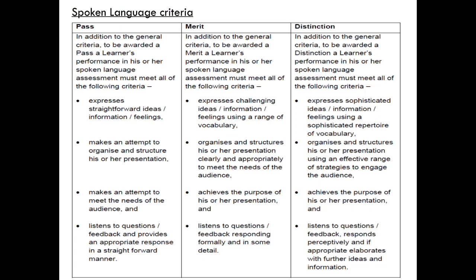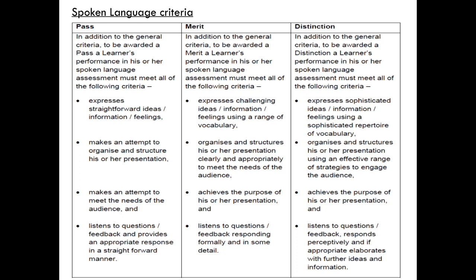Let us now look at the spoken language criteria. So, in addition to the general criteria to be awarded a pass, a learner's performance in his or her spoken language assessment must meet all of the following criteria. And please note that there are 4 bullet points for each criteria, and all of those bullet points must be met in order for you to achieve that award.